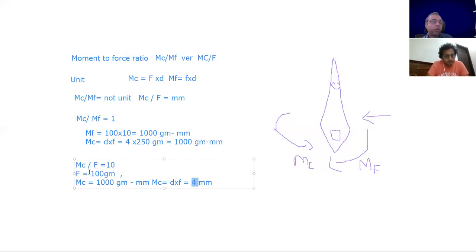If we make the force 250, it will become 250 gram, so it will become 1000 gram millimeter.